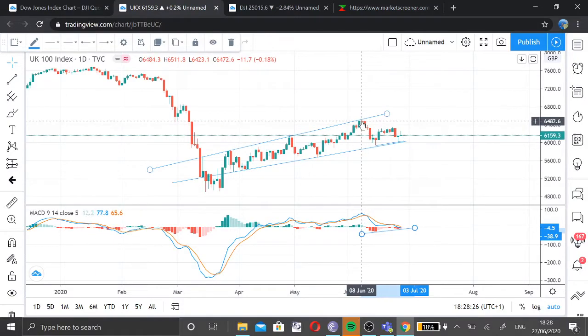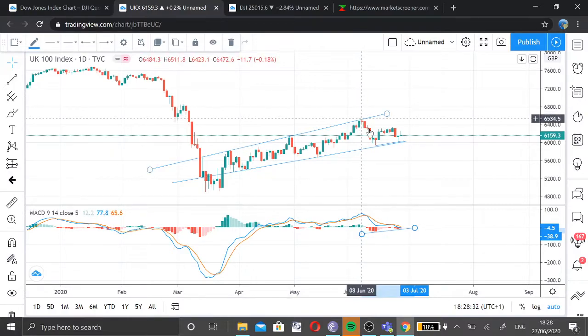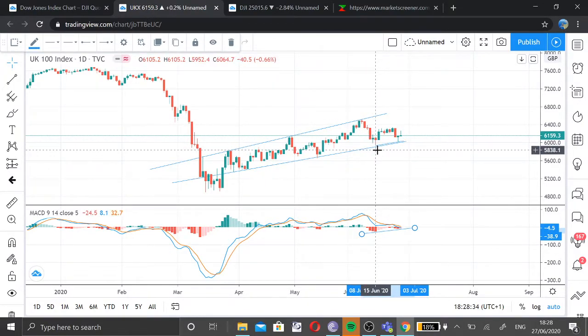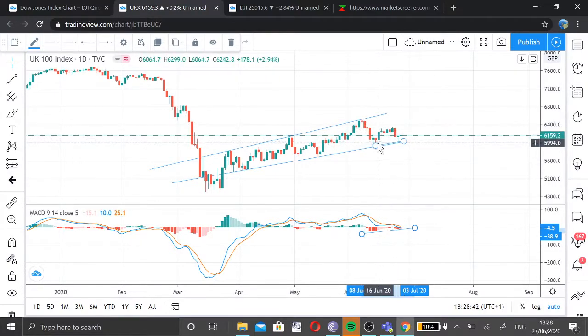Again with the FTSE as well, you can see a high which you can label as 1 over here, then another low here which you can label as 2, and then another high which can be labeled as 3. If it goes below this level, which is the low of this candle, which I can see is 5952, then we can expect a significant move down.